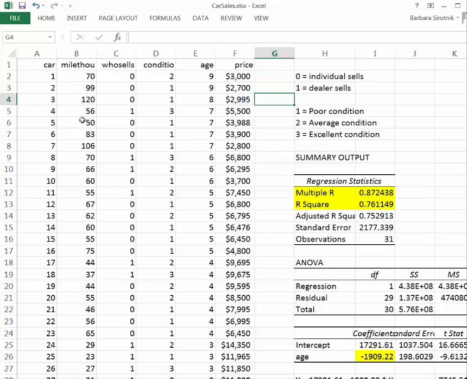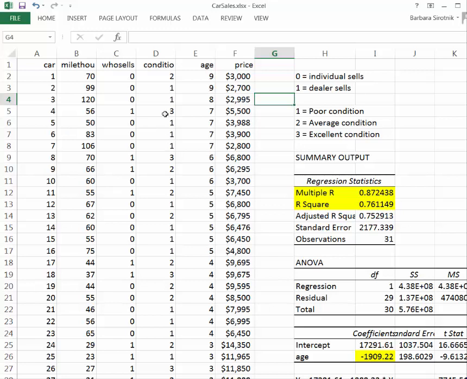I'm going to use mileage in thousands as an X, who sells it, which is a dummy variable, a 0, 1, a qualitative variable. That could be a predictor of price. Age, like I did before, but also condition of the car, whether it's in poor, average, or excellent condition. Unfortunately, however, I need to do something with this before I can use condition as a variable.